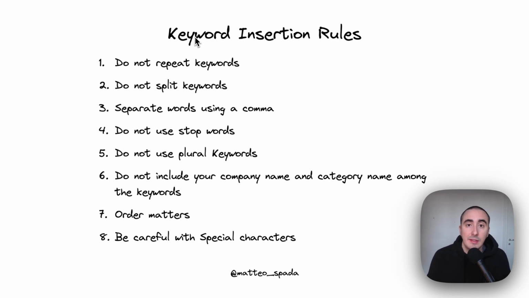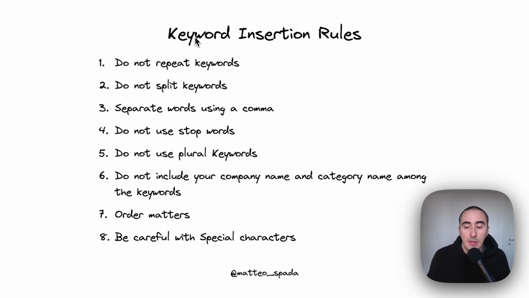Point number 6, you don't need to insert your company name or category name inside your keywords. Because if you try to look for your company name, for example, your developer name, you can find your developer name in the App Store. So this means that your company name, your developer name are keywords, so you don't need to repeat them inside your keyword field.